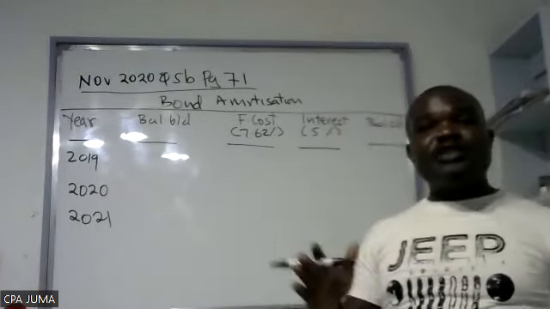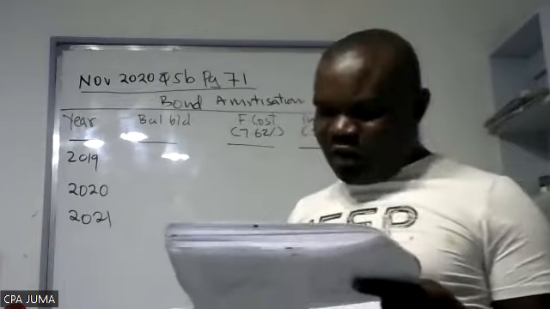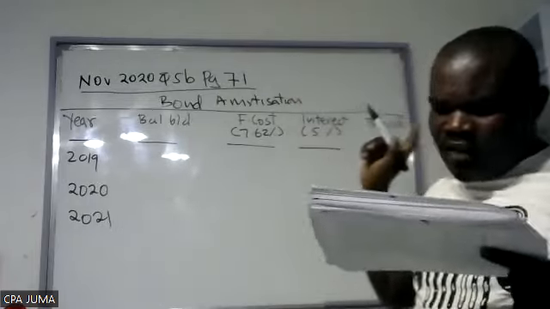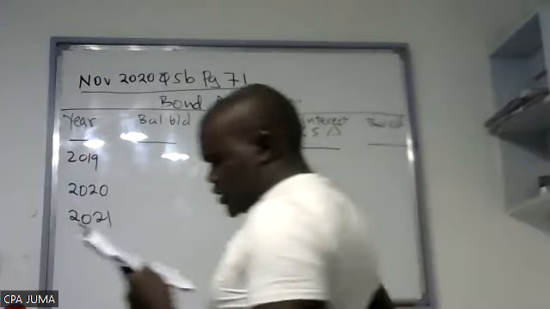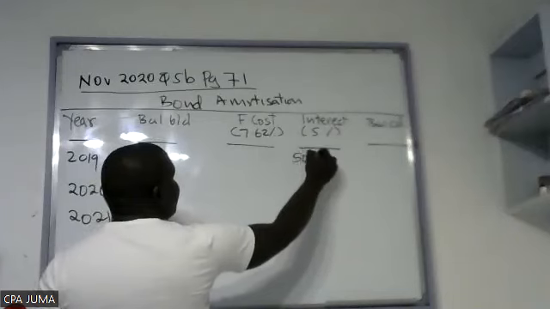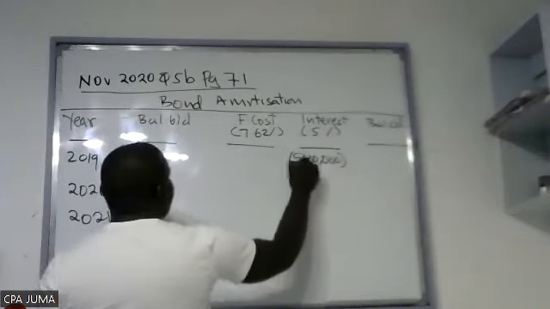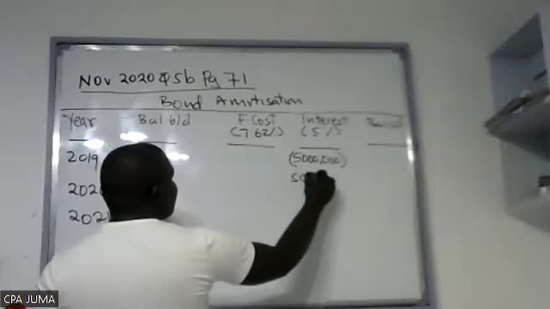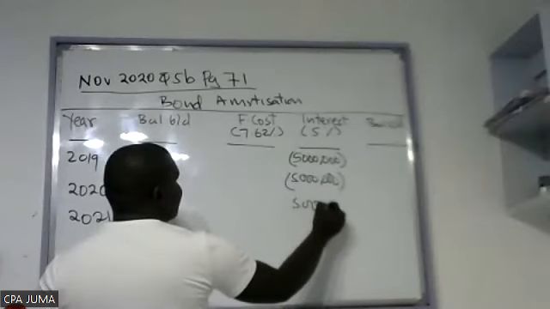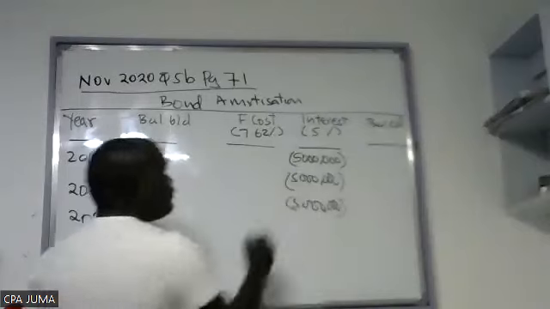So interest is always based on the nominal, which is 5% of the 100 million, so the 5 million. So we'll be subtracting 5 across.